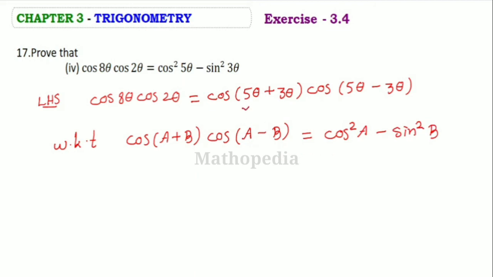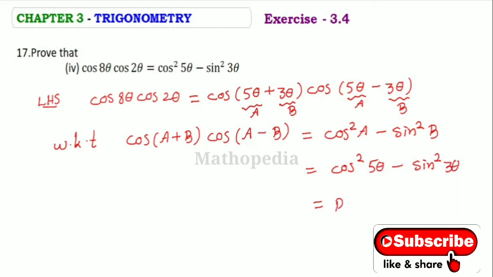So taking 5θ as A and 3θ as B, we get cos²5θ minus sin²3θ, and this is equal to the right hand side.